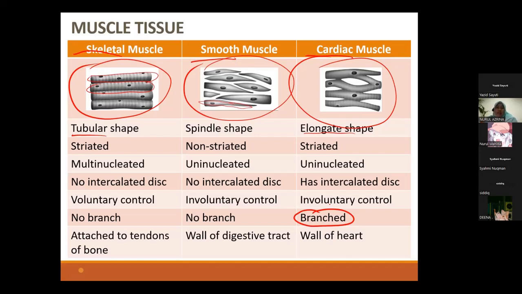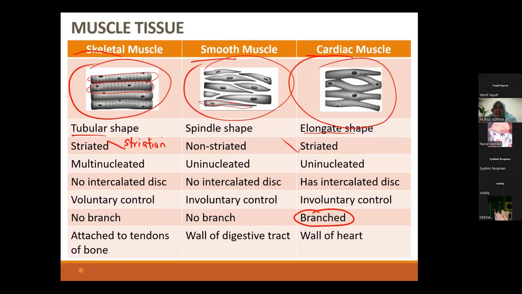Next is in terms of presence of striation. Kita nampak macam ada dark bands, light bands, macam nampak jalur-jalur tu. So that is striation. So skeletal muscle and cardiac muscle show striation, or are striated, whereas there is no striation in smooth muscle.